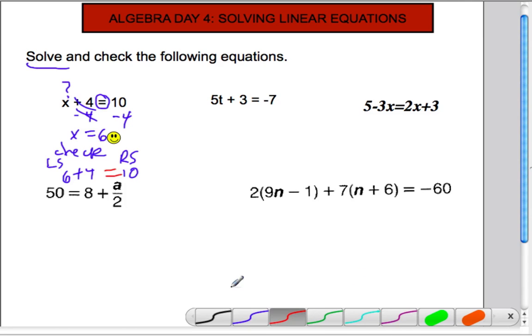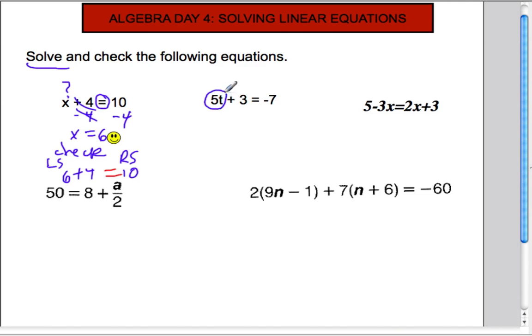Okay, let's take a look at a tougher one. In this case, we've got 5t plus 3 is equal to 7. Well, you have the 5t, leave that for the moment, and let's get rid of this extra bit right here. Since it's plus 3, we are going to subtract 3 from both sides. So we have 5t is equal to 7 minus 3, which is 4.